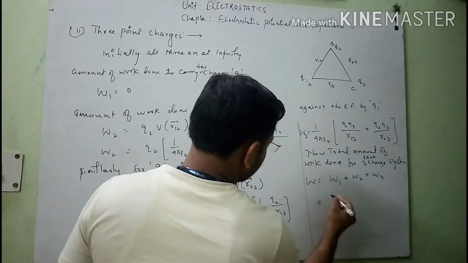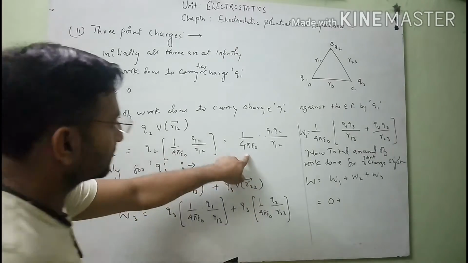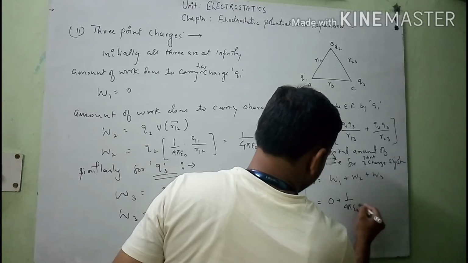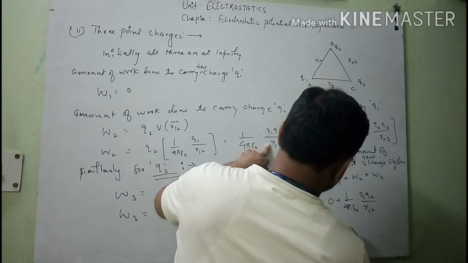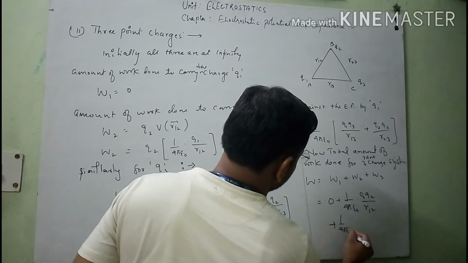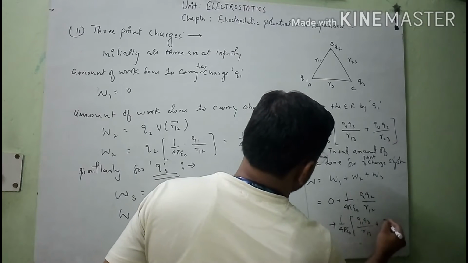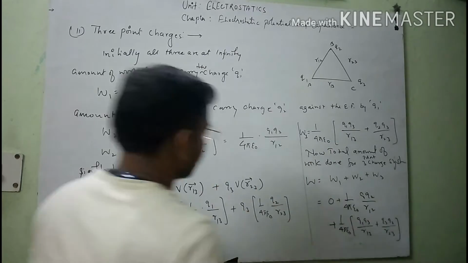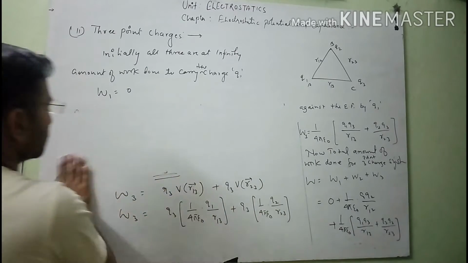W1 you know is 0. W2 you have, this value, 1 over 4 pi epsilon naught Q1 Q2 over R12, plus this work 1 over 4 pi epsilon naught Q1 Q3 over R13 plus Q2 Q3 over R23. So at final we'll get the final value.